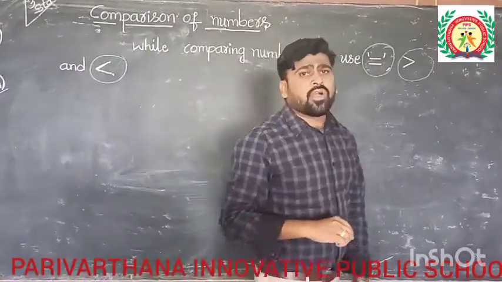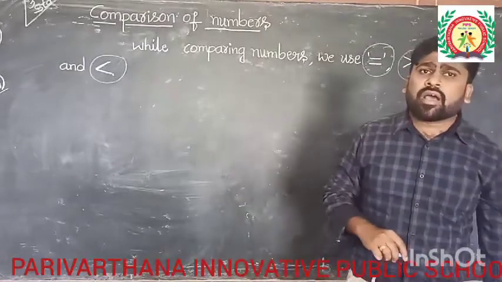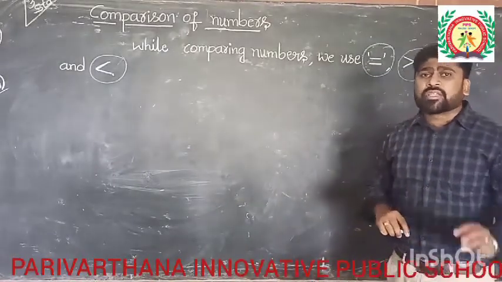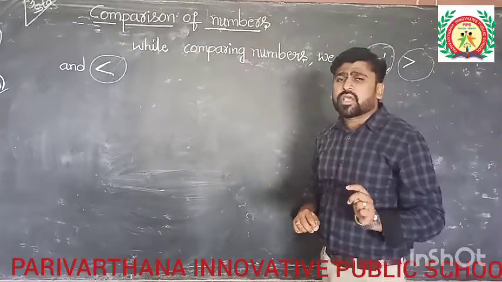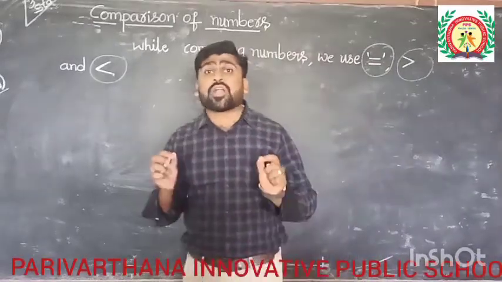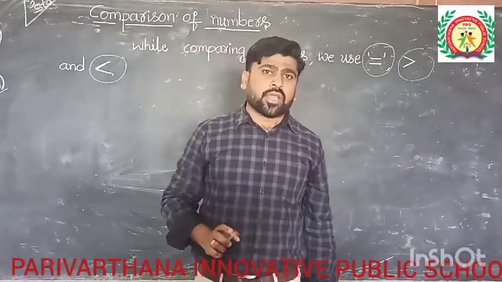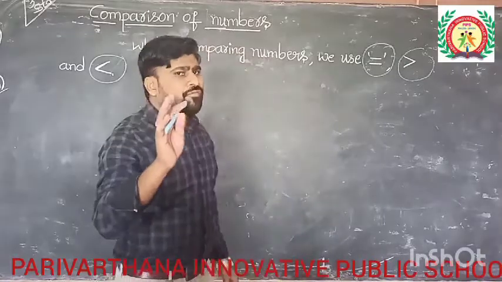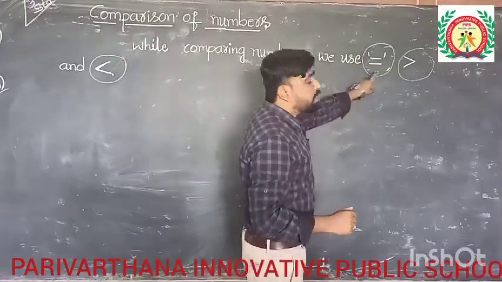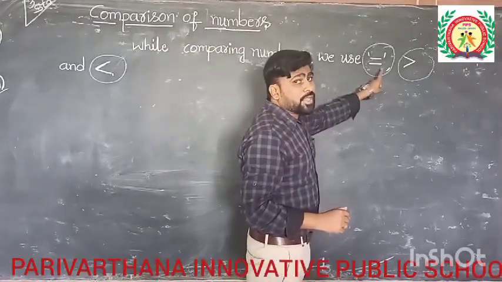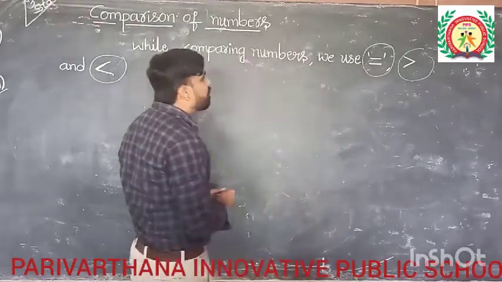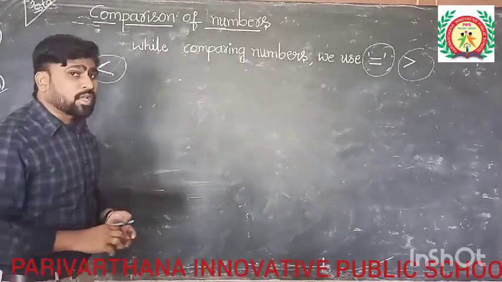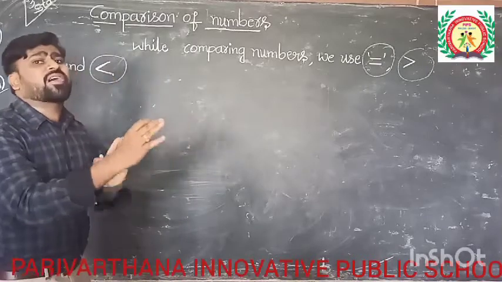These are the three symbols we use to compare numbers. The first symbol is equals. When we use equals, the two numbers are the same.